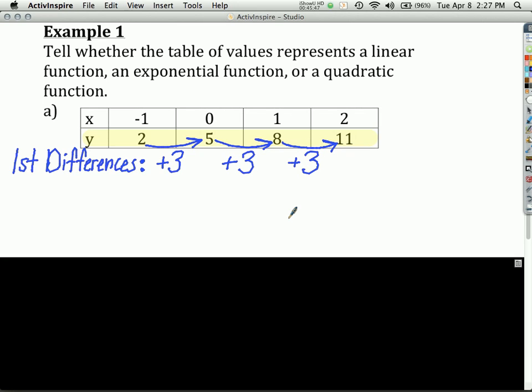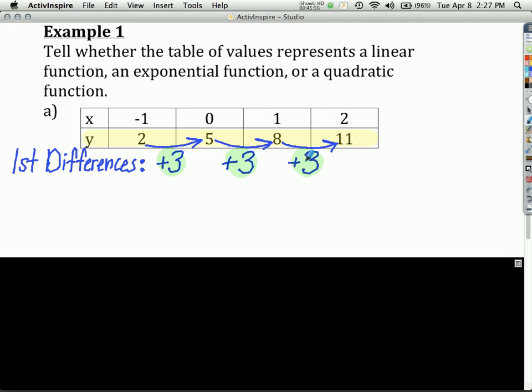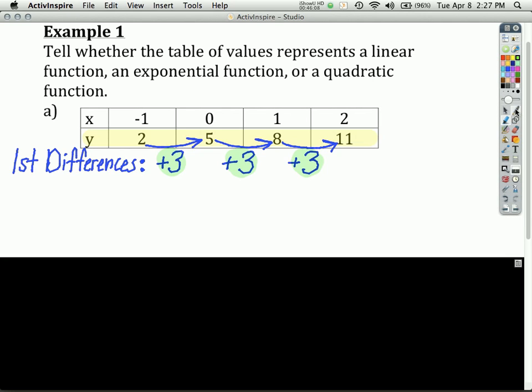The first differences are all the same. If the first differences are all the same, that tells us one of these, linear, exponential, or quadratic. Does anyone know which one it is? Fung? It is linear. That is correct. So once we've finished the first differences, if they are all the same, we can stop.